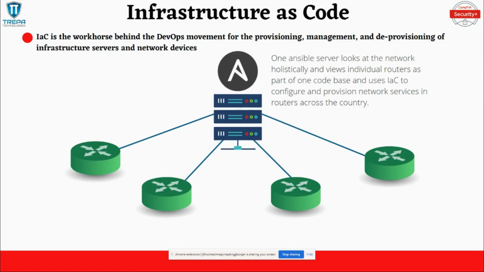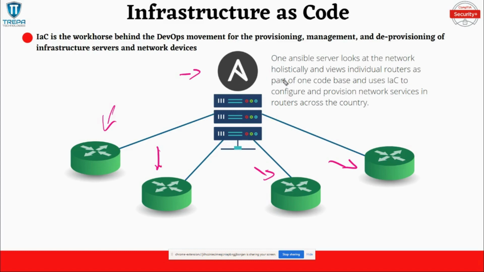Then we have another concept for virtualization called infrastructure as code. Infrastructure as code is a DevOps concept that looks at your entire enterprise infrastructure as a piece of code that can be codified and managed from a central point of provisioning. So in this example, I have an Ansible server here that we're using to codify our network devices to give them a standard baseline, right?